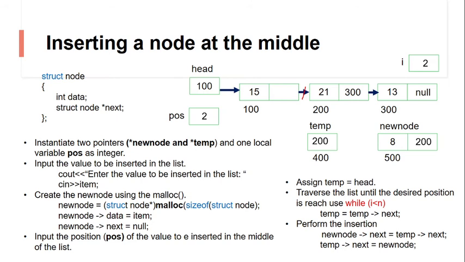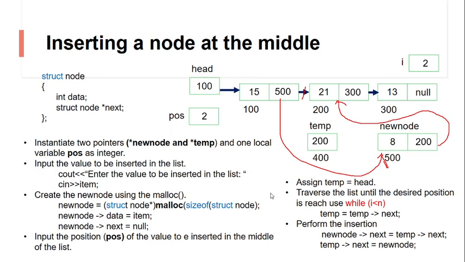Okay, so let's proceed with next. There we have 500 pointing at this connection now for the next node. This one will be disconnected, and now this 200 will be connecting to this data item. So that will be the new chain of connections from inserting at the middle.